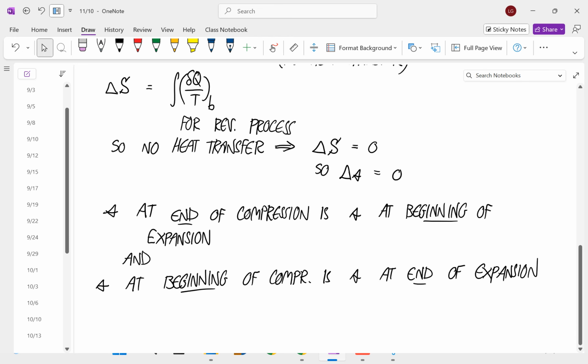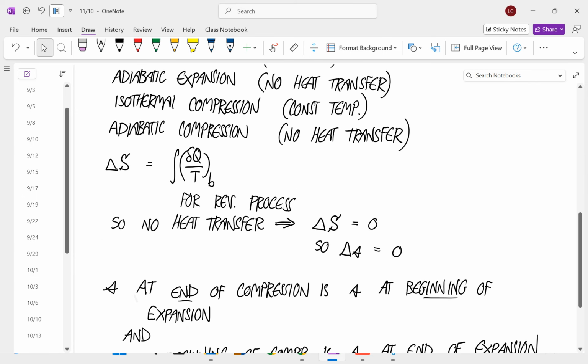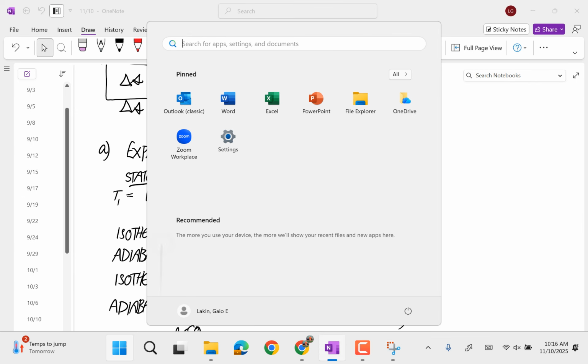So, in other words, in order to find the change in specific entropy for the expansion, we just have to figure out what these are at the beginning and end of the compression, and we have more information about the compression.